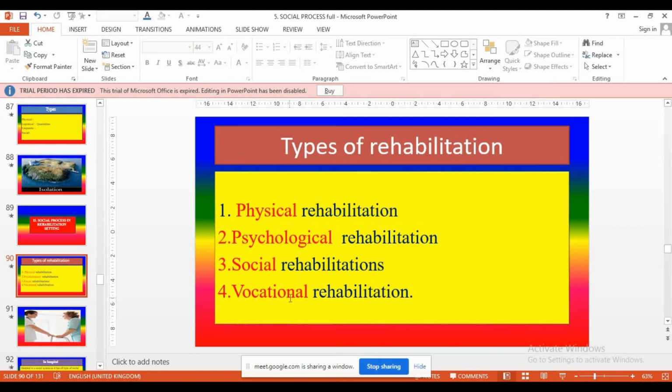Fourth one, vocational rehabilitation. Vocational means skill development. For example, if a patient comes into hospital with disease, unable to speak, unable to walk, all skills are destroyed due to disease, the nursing professional is actively involved to rehabilitate the client or patients by using various nursing services.